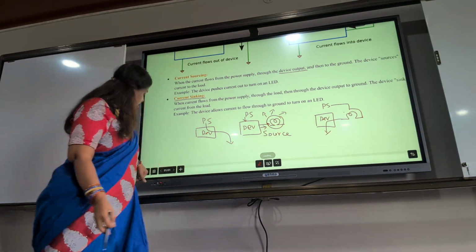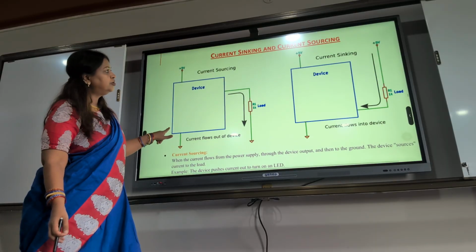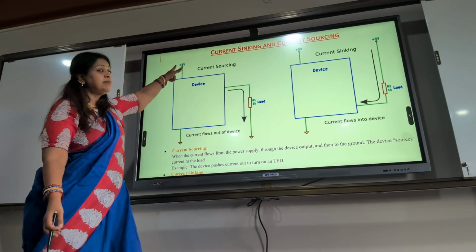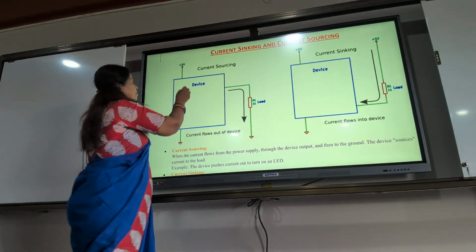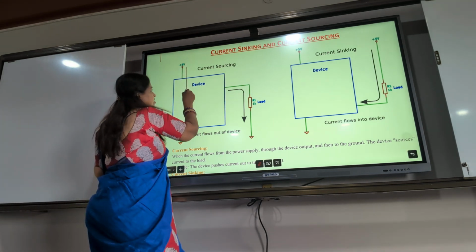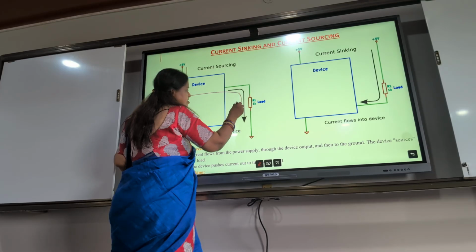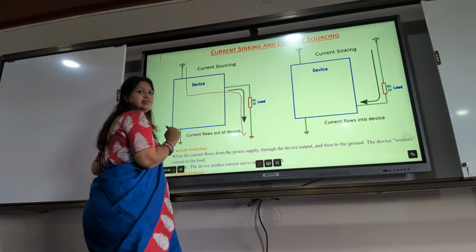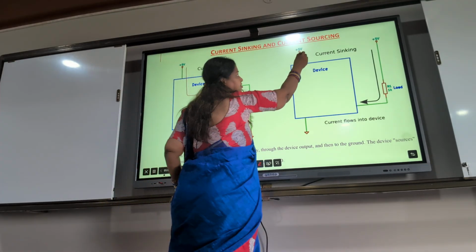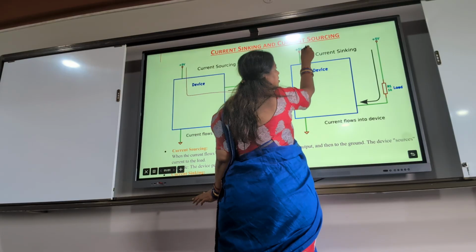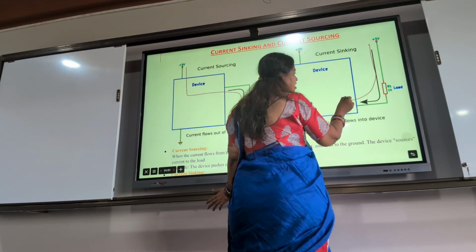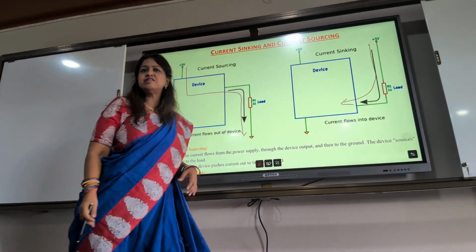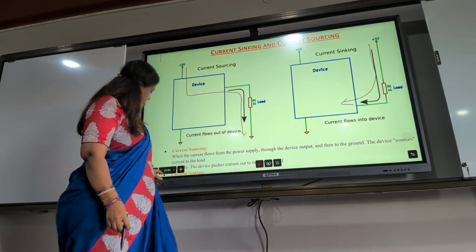So that is called as sinking. So you can see here, device is here, power supply is here, load is here. The current goes from the power supply through the device to the load, it is called sourcing. The power supply is connected here also, it comes through the load into the device, it is called as sinking. Okay, you remember this?